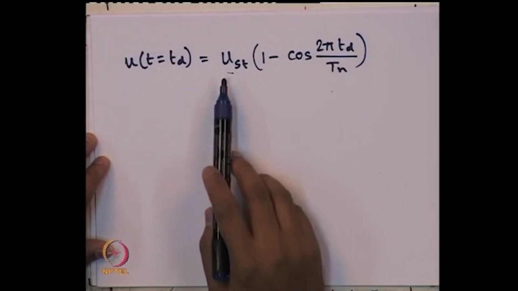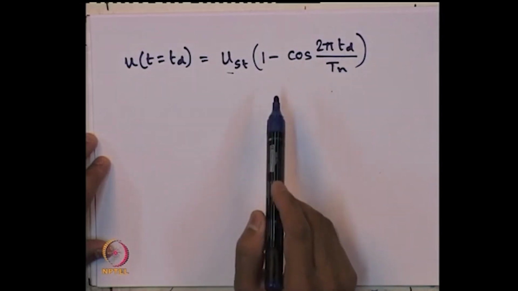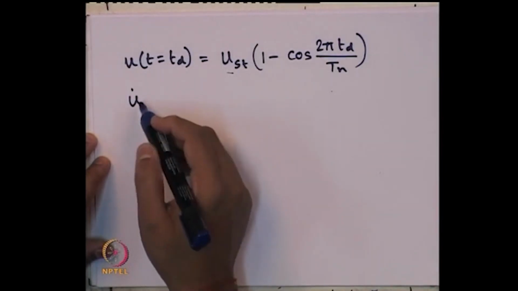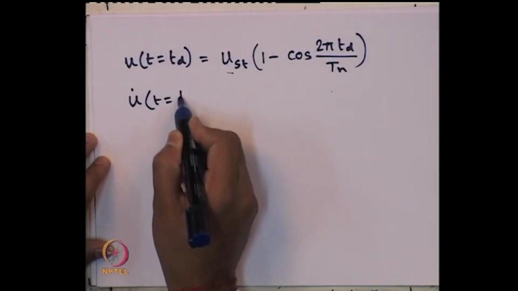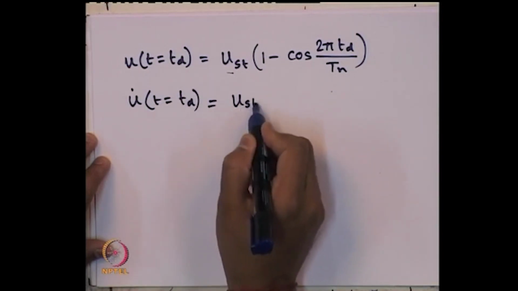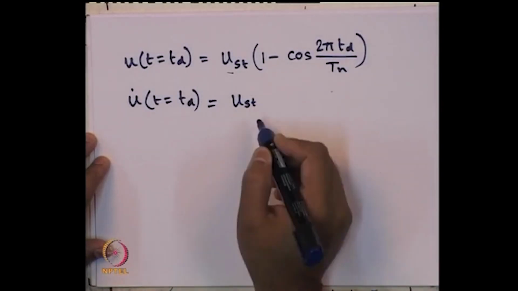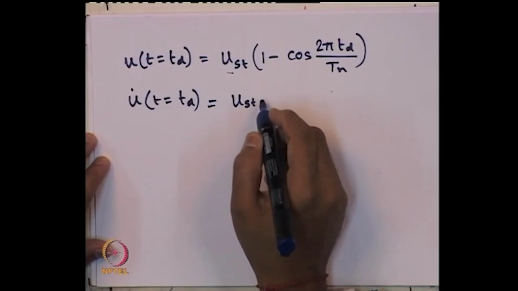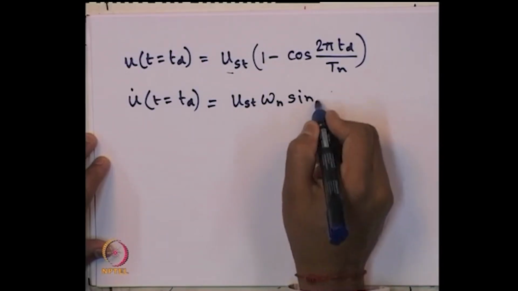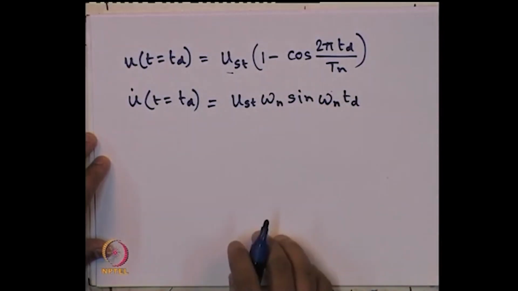I have just placed t equals T d there. So, that is the initial condition, and the initial velocity u dot for this second phase of free vibration can be u of st, if I differentiate this, omega n sine of omega n T d.